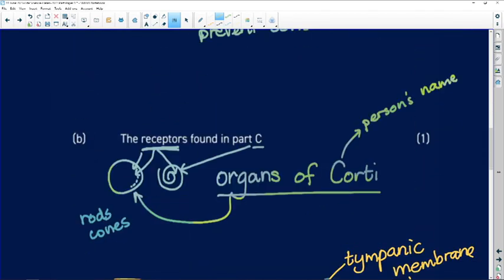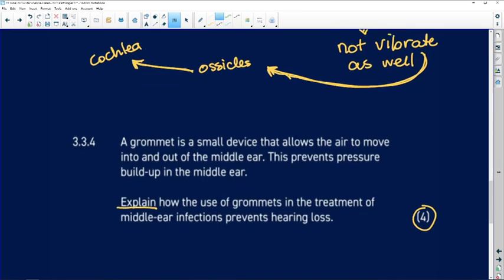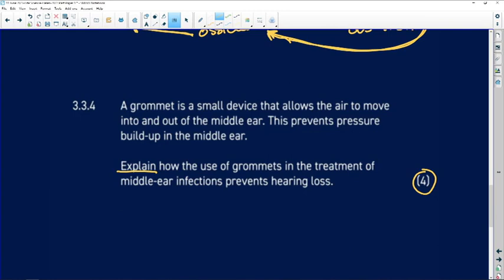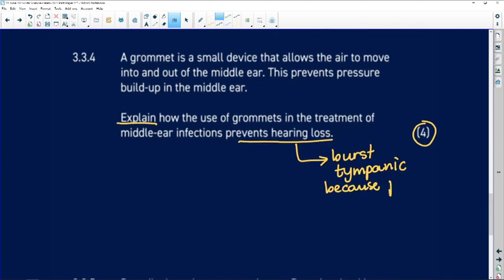All right, taking that information back, explain how the use of grommets in the treatment of middle ear infections prevents hearing loss. So we've got to talk about the fact that the hearing loss would come with a burst tympanic membrane, and it's going to burst because of a pressure buildup in the middle ear.